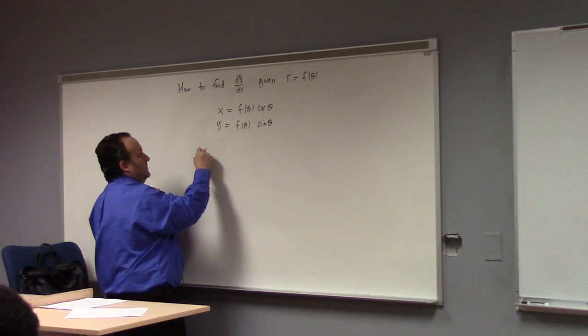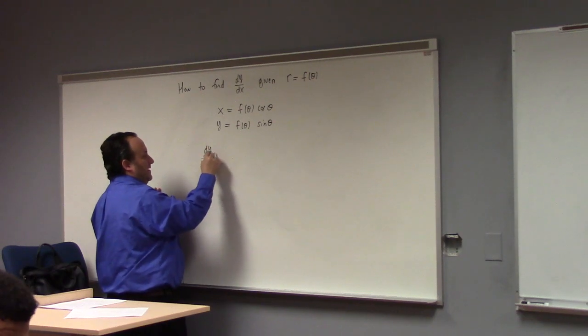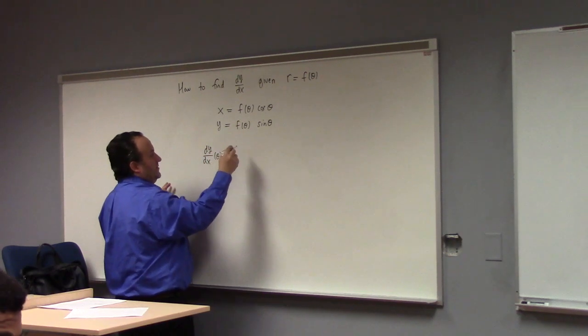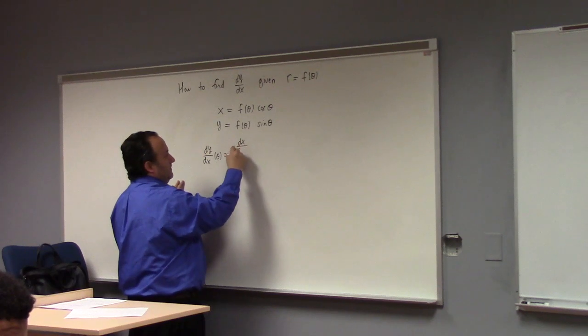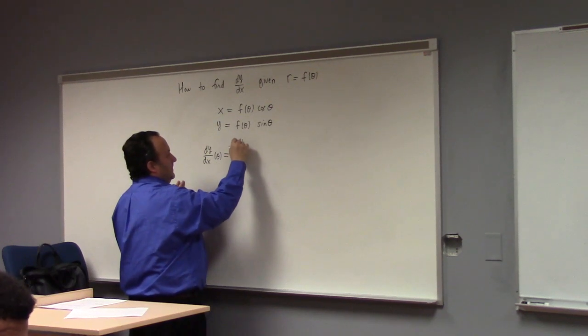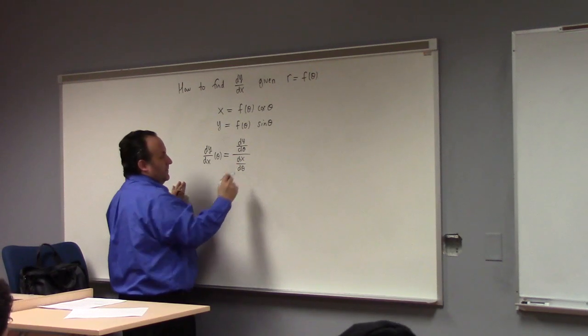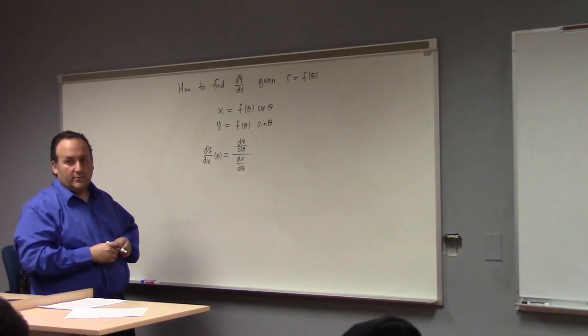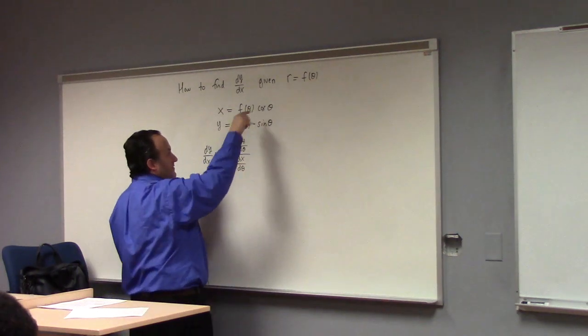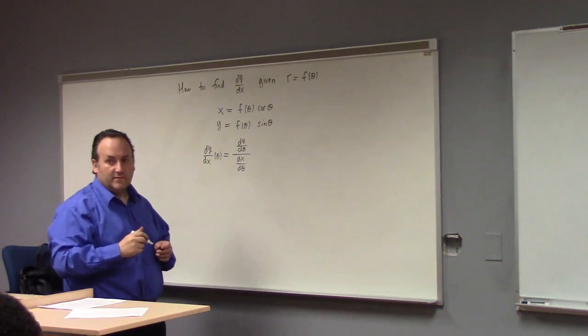So dy/dx at theta is going to be dy/d theta divided by dx/d theta, where those are understood to be derivatives of what I have above.